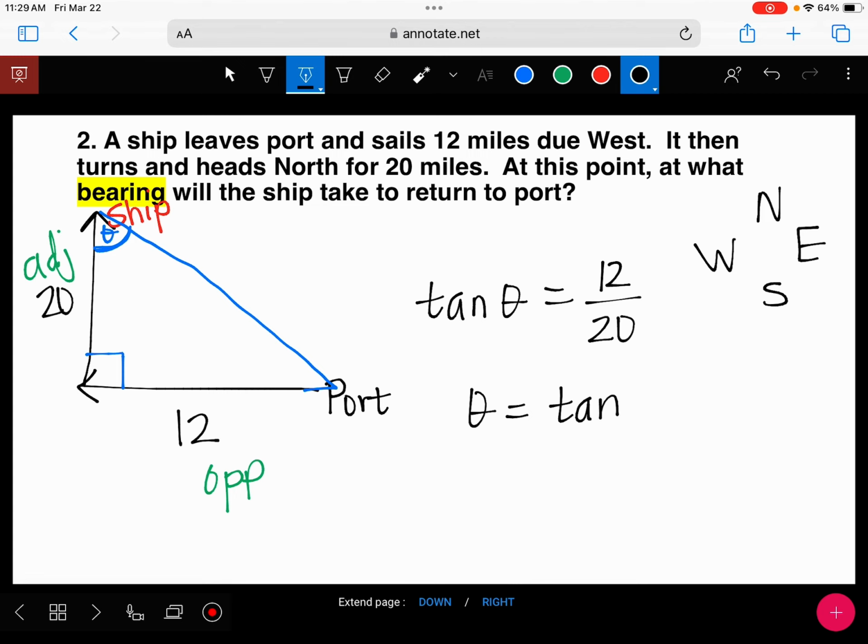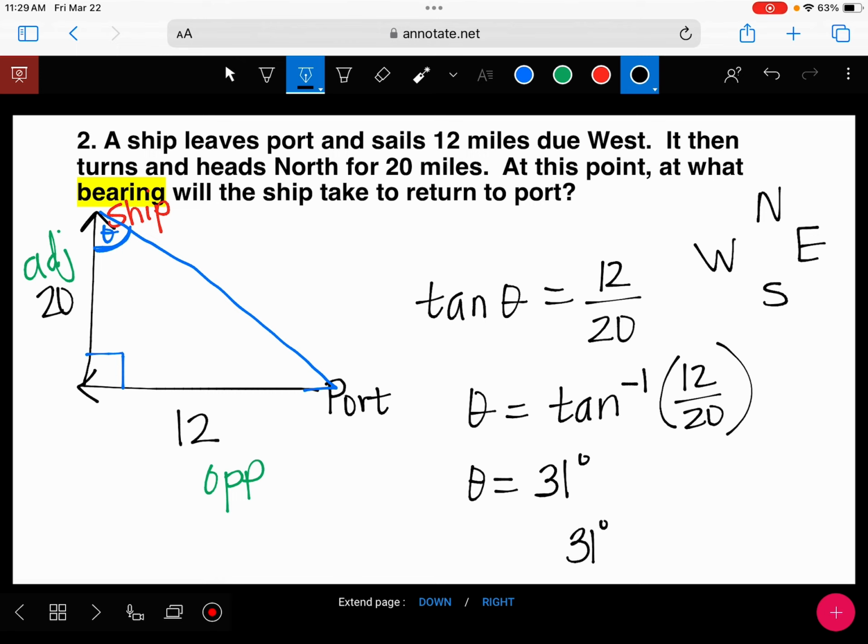So theta is the inverse tangent of 12 over 20. So you get 31 degrees. So we get 30.964. So I round it out to 31.